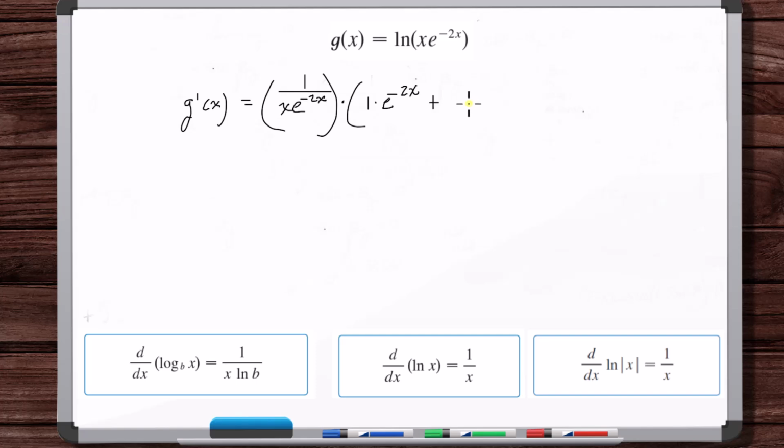It's just e to the something. So e to the minus 2x times the derivative of that something. What is the derivative of minus 2x? That's minus 2, okay? Times the first, right? The derivative of the first times the second plus the derivative of the second times the first.